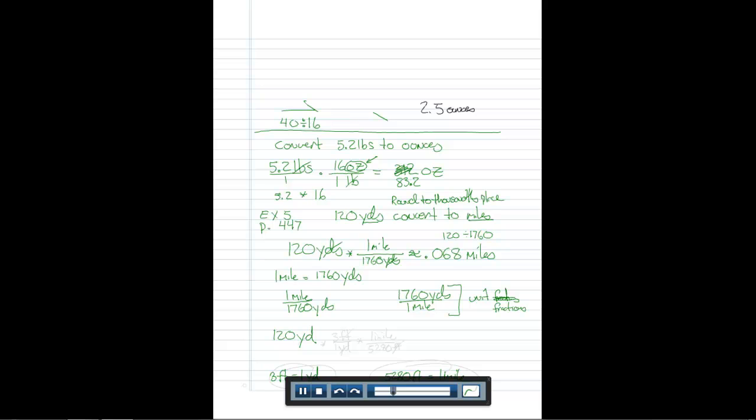The 1,760 yards is not in the book anywhere. This will give you a feel for what my sister does when she's doing these major multi-step conversions. She can take these, make them into fractions in such a way that they'll cancel.